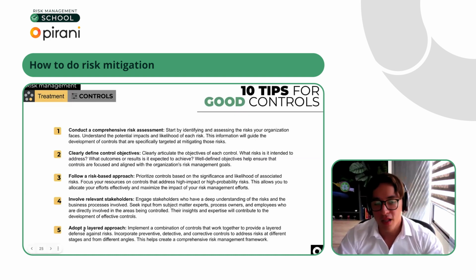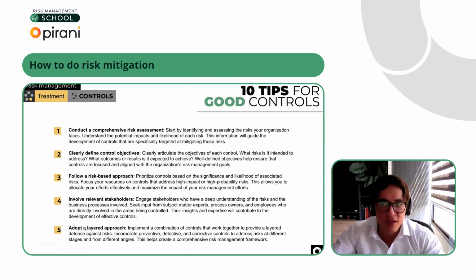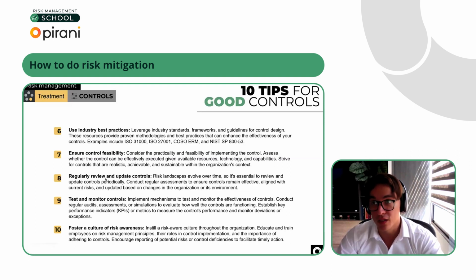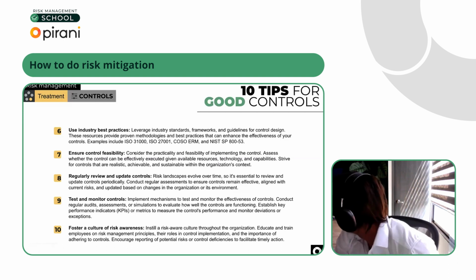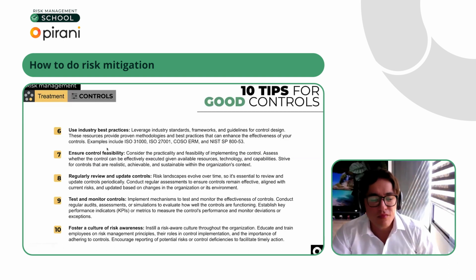And 5, adopt a layered approach. Like I mentioned, maybe it is good to have a preventive, a corrective, a detective, or maybe 3 preventive, as many controls as you need to mitigate this specific risk. This is critical or red. 6, use industry best practices.